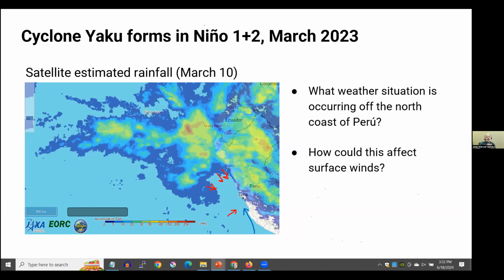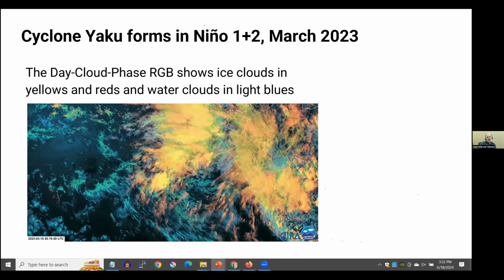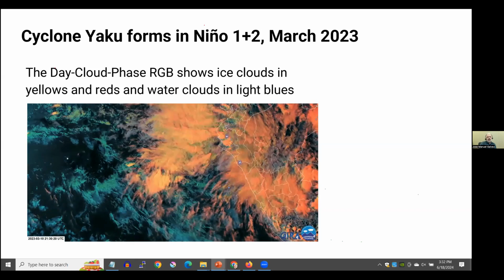So this enhanced unusual westerly and northwesterly flow helped trigger the coastal El Nino that eventually entered in phase with the basin-wide El Nino. So this coastal El Nino helped the development of the basin-wide El Nino. And you know what was the trigger? Look at this. In this product, what we're looking at is clouds at different levels.